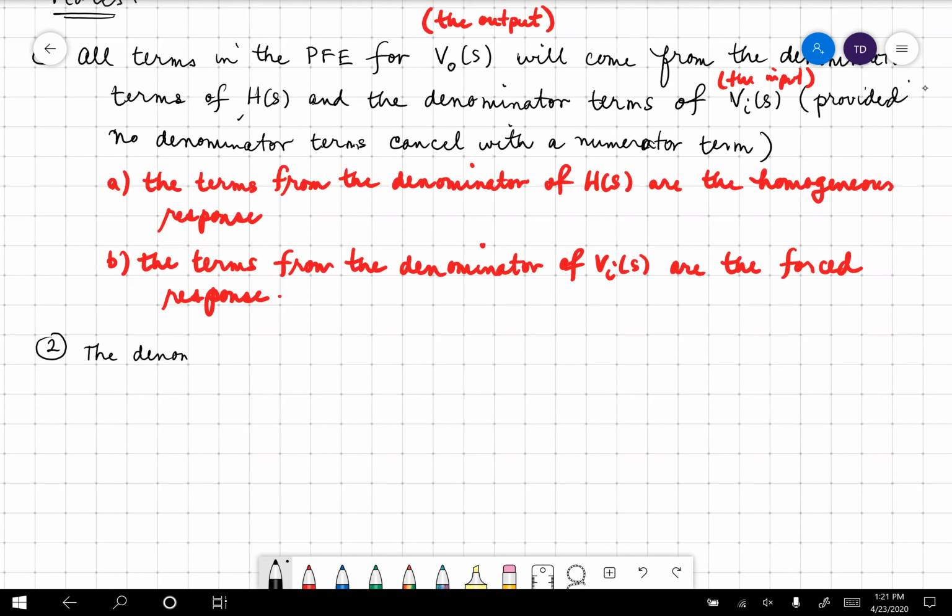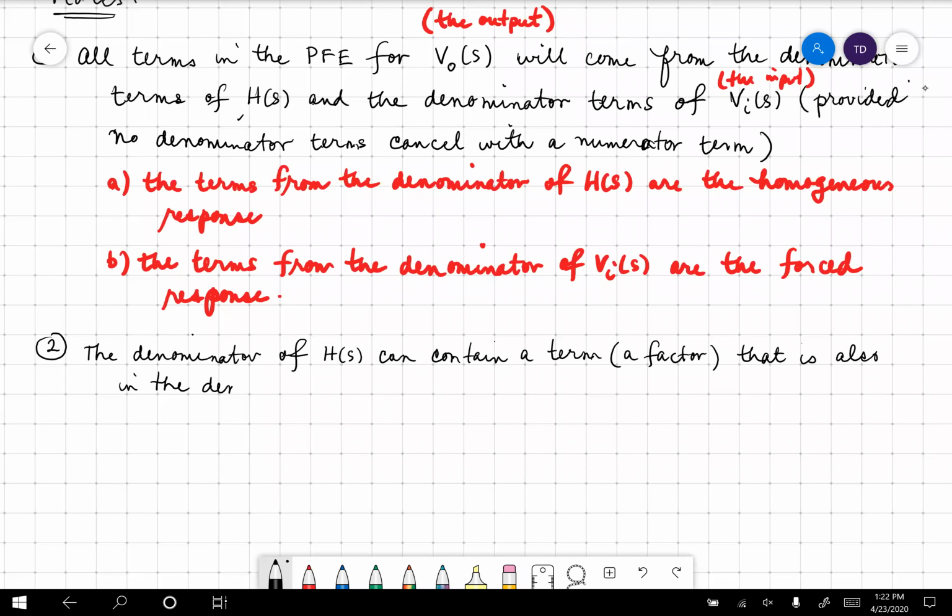The denominator of H of S can contain a term, and the term means a factor, that is also in the denominator of VI of S. So that could happen.